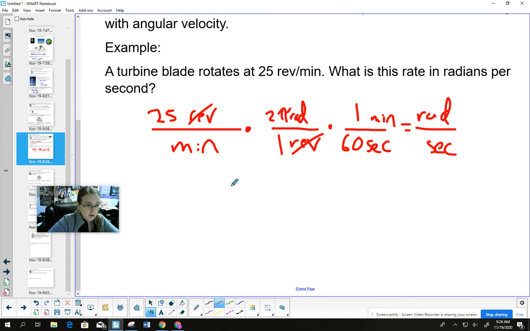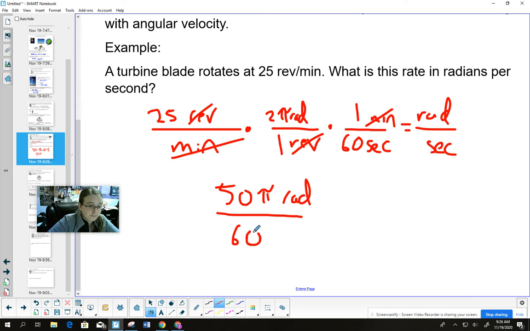We multiply across the top: 25 times 2 pi, so that's 50 pi radians over 60 seconds, since my minutes are gone. Then we can just plug this into the calculator. Your answers are going to be mostly in decimals.